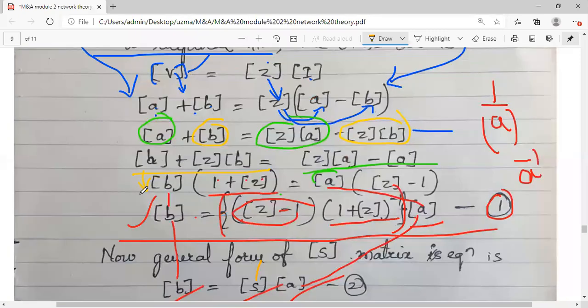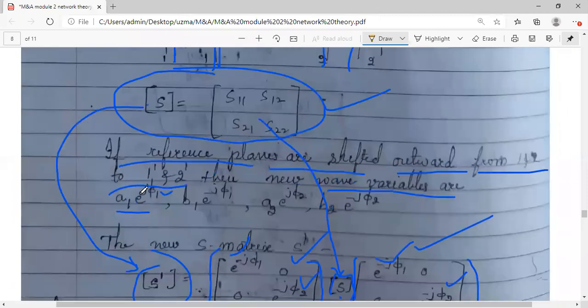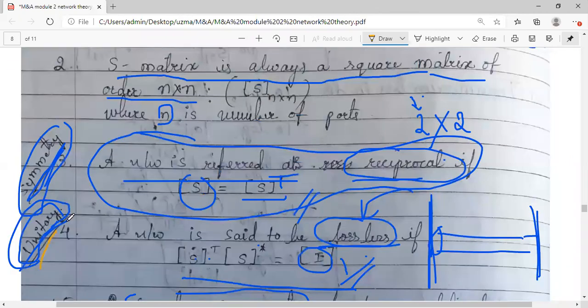There is one more property, that is the unitary property. This will be your work for today's session. I have derived the symmetric property for a reciprocal network. Now your work is to try out the proof for the unitary property.